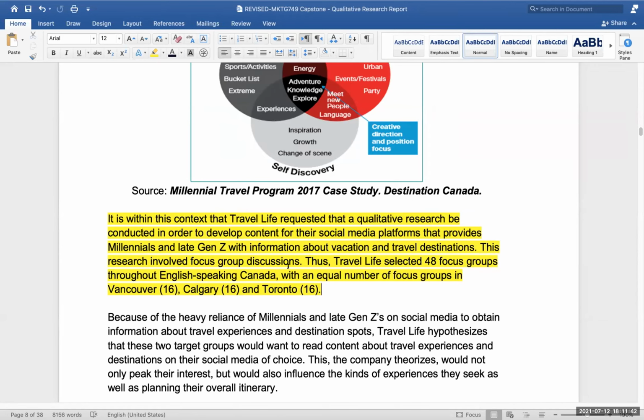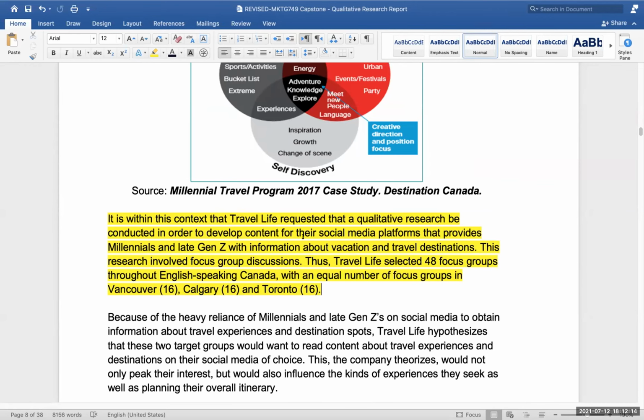And what we really did was to have the different focus groups in a specific area. We carried out, of course, we never actually did it in Vancouver, Calgary, and Toronto. We just put it in the study, but we pretended that the persons who participated in the focus group discussions were from the different provinces. Well, Vancouver is a province, Calgary is a province, but Toronto is a city in Ontario.